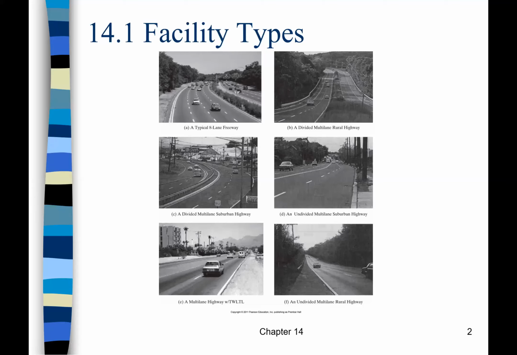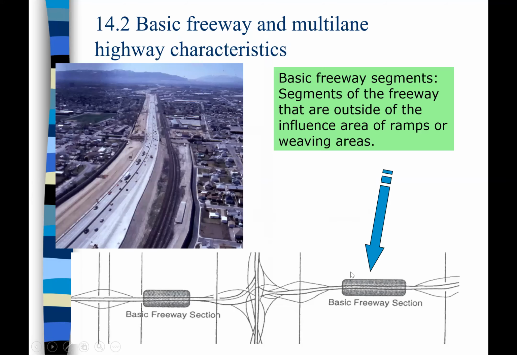Okay, undivided multi-lane rural highway. When we talk in this chapter, as I mentioned earlier, we talked about basic freeway segment and multi-lane highway segment. The basic freeway segment is the segment shown as the highlighted area here.